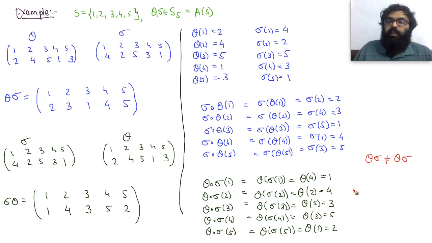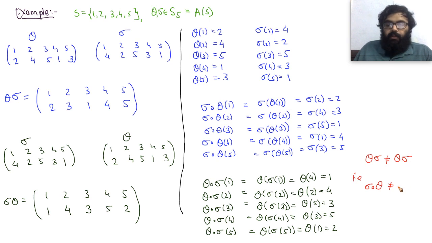So to the question whether S5 is an abelian group or not, S5 is a non-abelian group. We have found an example like this. You can create another example also such that they do not commute. So sigma theta is nothing but sigma composition theta. This is not equal to theta sigma.